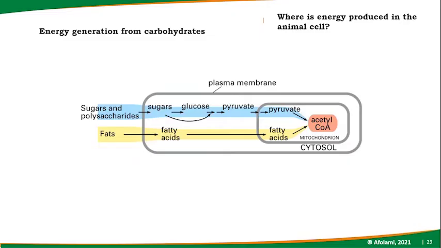Glycolysis in the cytosol, but of course pyruvate is transported from the cytosol into the mitochondrial matrix, and acetyl-CoA is produced in the mitochondrion, and from there all the reactions which we considered earlier on are also in the matrix of the mitochondrion.